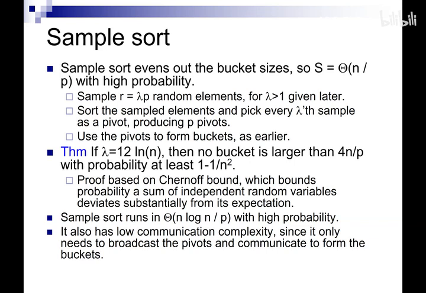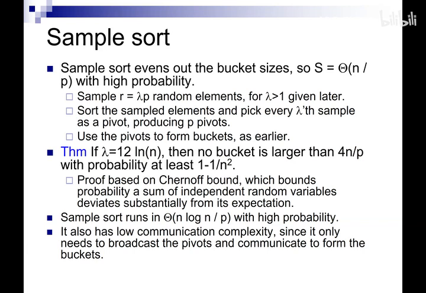Now the claim is that this is going to produce much more even pivots. So more precisely, suppose we pick lambda to be this value. It's going to be 12 times log n. Then the claim is that no bucket is going to be larger than 4 times this optimal size, 4 times n divided by p, with probability at least 1 minus 1 over n squared.